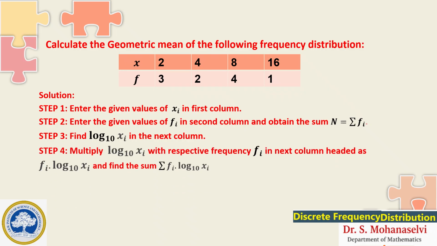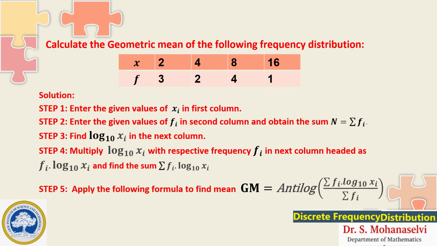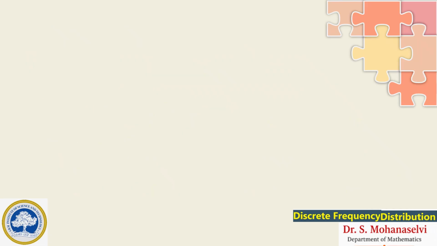And then in the next step, we multiply the corresponding frequencies with the log xi value, and we find the sum of the products. And then we apply the formula GM is equal to antilog of summation fi into log xi, whole divided by summation fi.